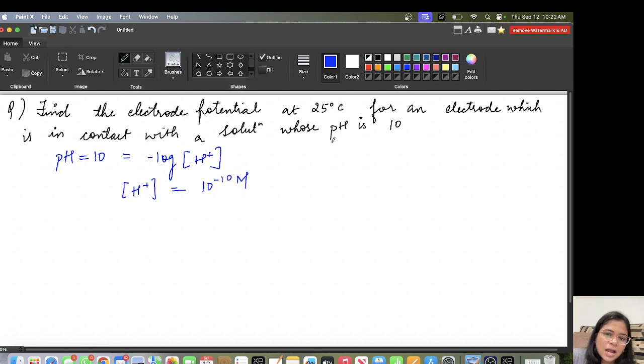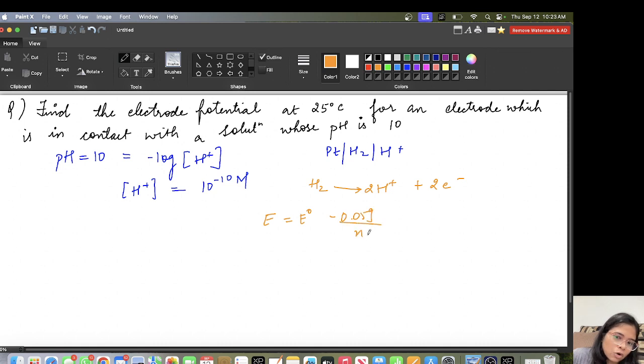The cell given is Pt, H2, H+. If Pt is here, you exactly know that oxidation is happening. Just apply the equation: 2H+ plus 2 electrons. Apply the Nernst equation. E of cell is equal to E naught cell minus 0.059 by n log base 10 of product by reactant.